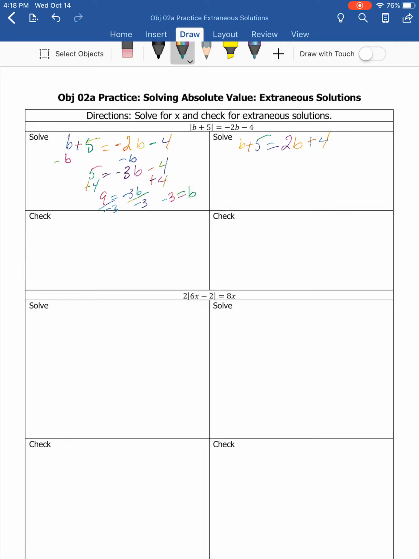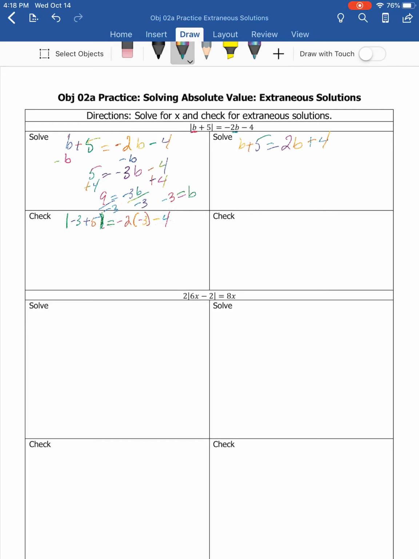I'm going to check this one first, just not to overwhelm the process. So once I get my answer, I plug that number into the original equation. Always use the original equation. So that's going to be the absolute value of negative 3 plus 5 is equal to negative 2 times negative 3 minus 4.